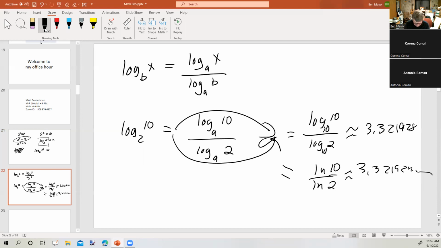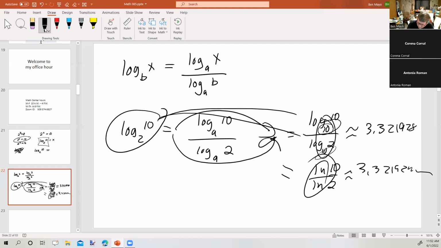I get the same answer, okay? Now, you don't want to mix them. You don't want to have like log base 10 on top and log base e on the bottom. They've got to both be log base 10 or both be log base e or natural log, okay? But this allows us to take an expression like this and split it up and punch it into our calculator, all right? Any questions so far?